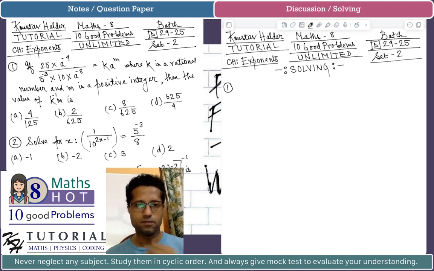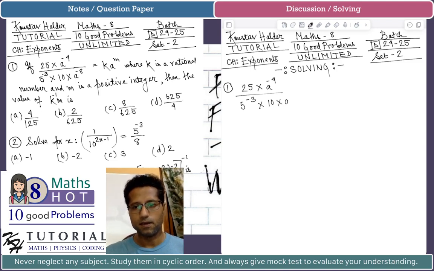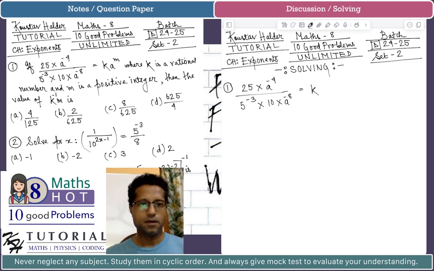So the given equation is 25 multiplied by a raised to the power minus 4 divided by 5 raised to the power minus 3 multiplied by 10 multiplied by a raised to the power minus 8 is given to be equal to k a to the power m, where k is a rational number, and there is nothing said about a, so we need not bother about a, and m is given to be a positive integer.